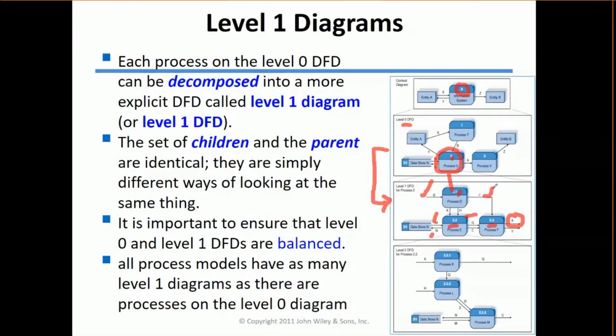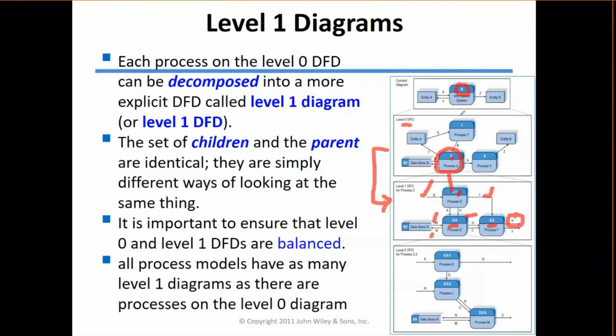Yeah, but some new things can come in because it is further detail. So when you are going into details, new things will come in. Okay, so the G, C, J, H, K, and Y, these, no, Y is already there. Yeah, so these are new. So you see, we decompose the one process which is 2 and its name is process U into level 1.